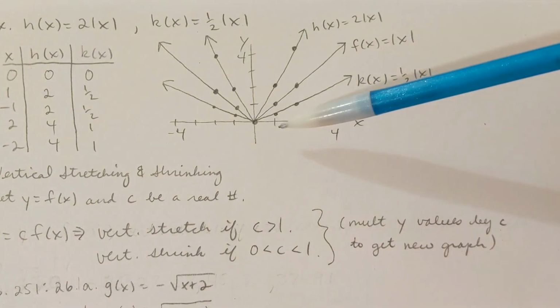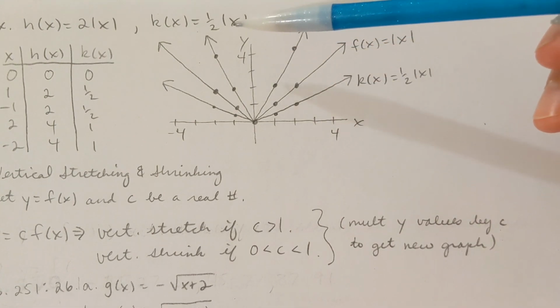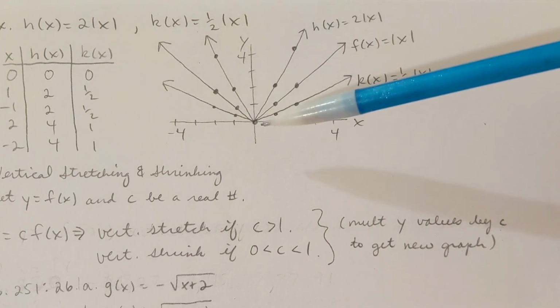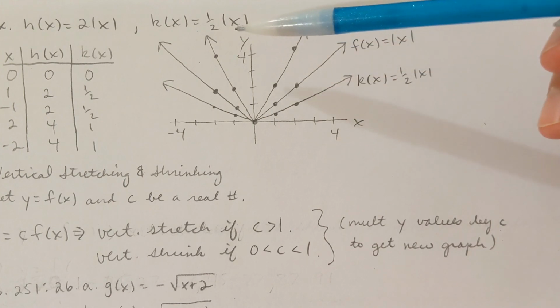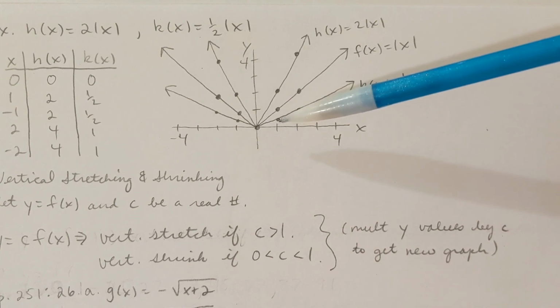When I multiply the y values by 1/2, I would end up getting this graph. 0, 0 is going to stay at 0, 0. 1, 1 goes to 1, 1/2. Okay, right here.